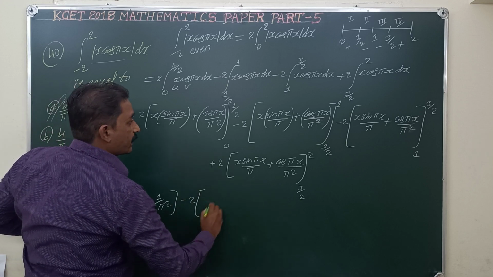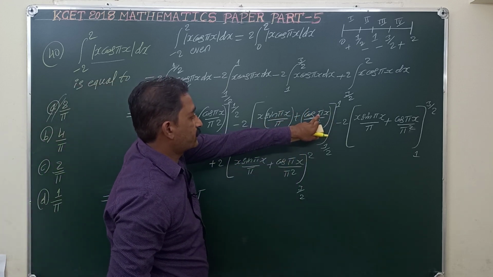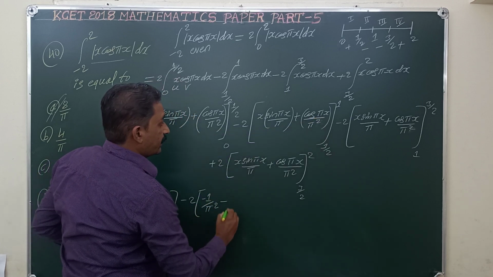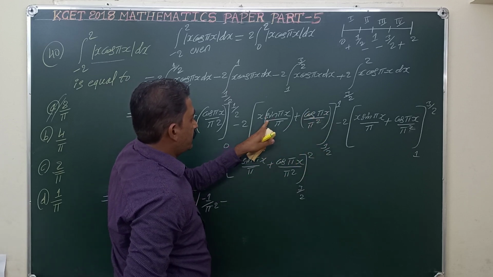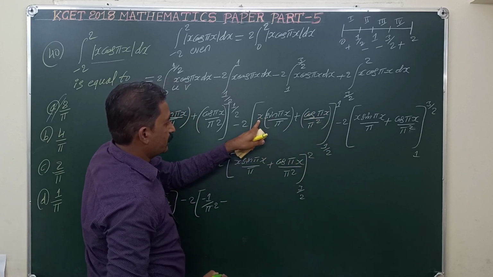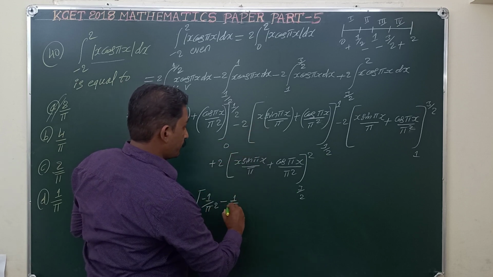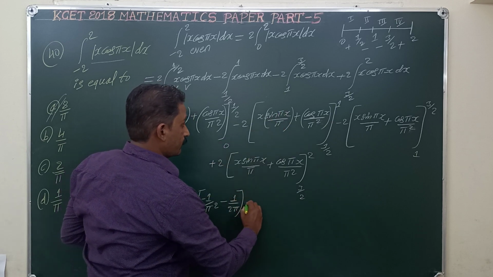Minus 2 times: apply the upper limit 1, the first part becomes 0, the second part is cos pi, minus 1 by pi square. Then the lower limit 1 by 2: the second part is 0, and the first part is 1 by 2 pi times sin pi by 2, which is 1.